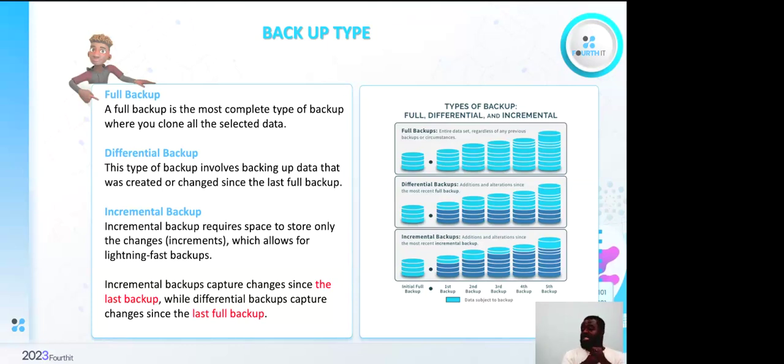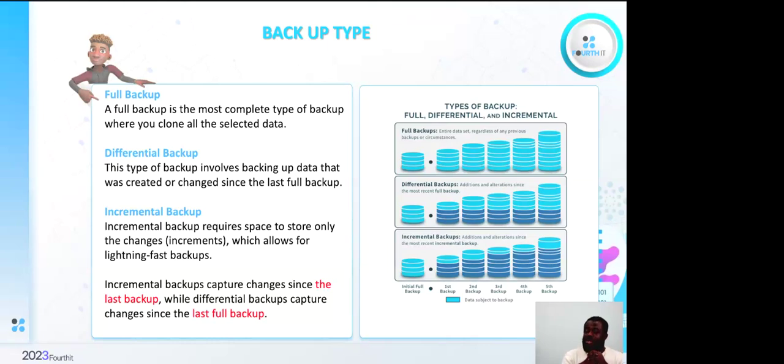A differential backup involves copying only the data that has changed or been created since the last backup. Now, unlike a full backup, which will copy everything that we have selected every time, a differential backup will capture only the changes that were made since the last full backup.